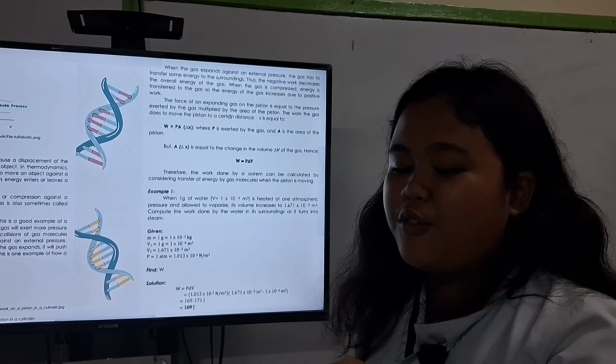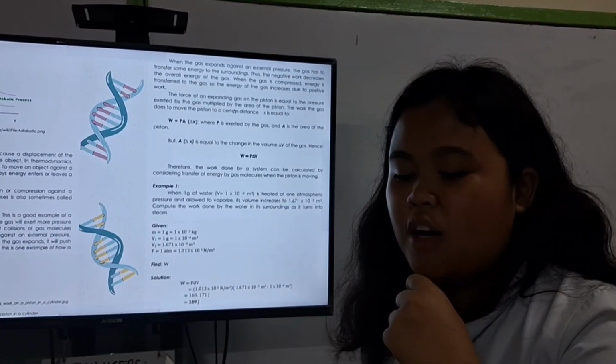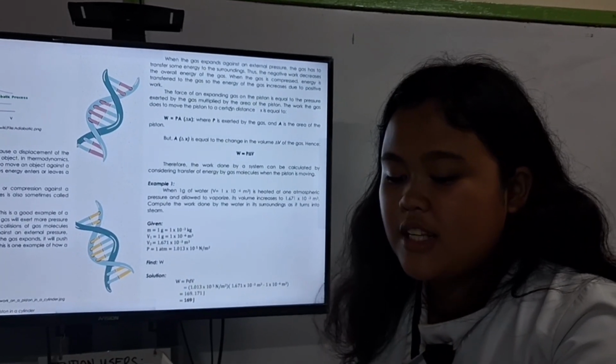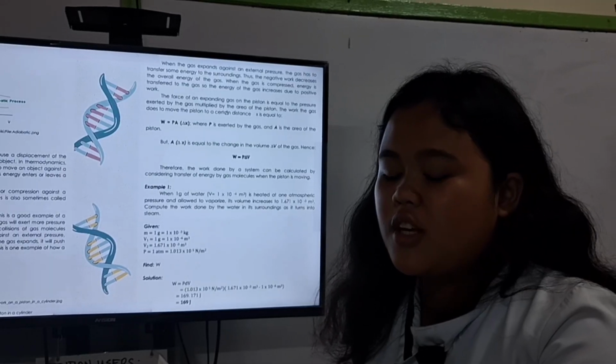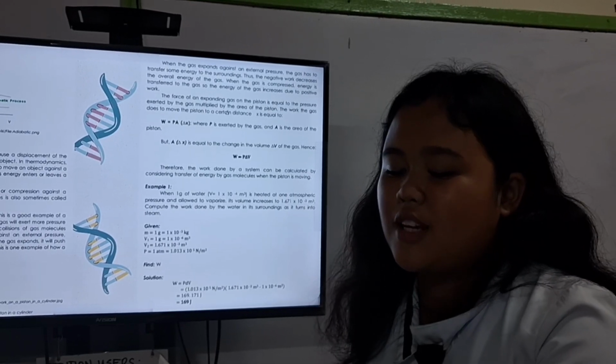So if we solve it, the result is 169.171 joules, but we don't need it that precise, so it is 169 joules.